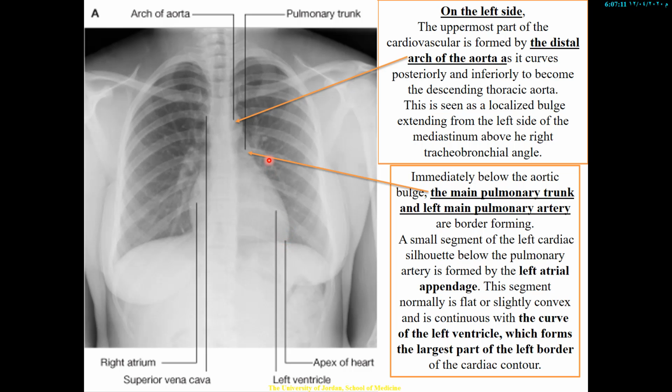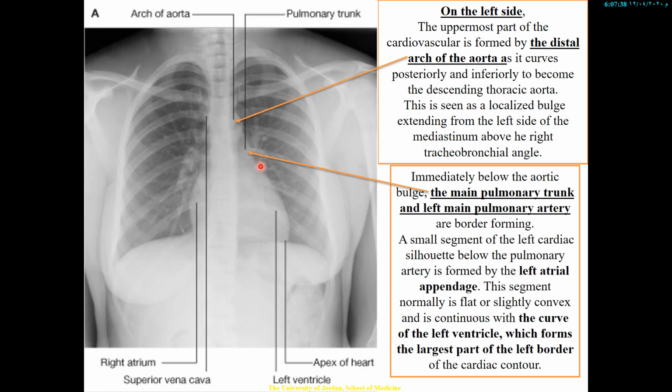So this is the left border: arch of the aorta, main pulmonary trunk, and the left main pulmonary artery, and then it could be the left auricle, followed by the left ventricle. So obviously we don't have the left atrium.